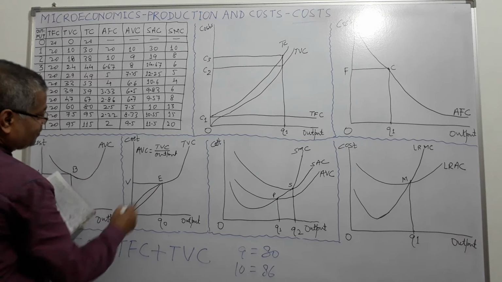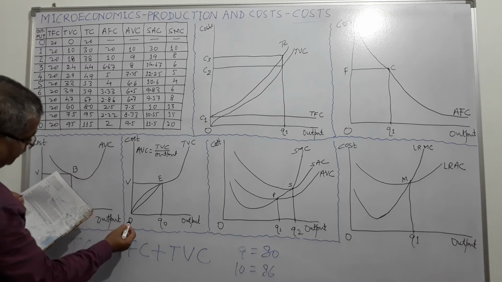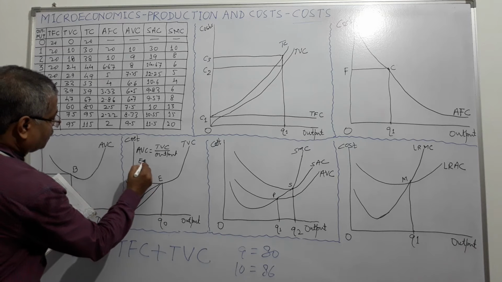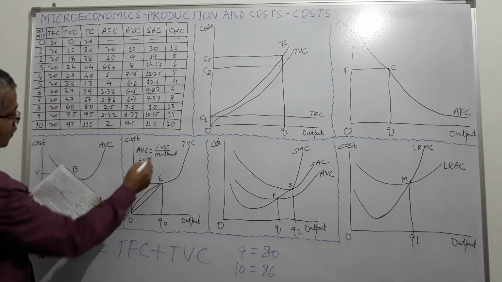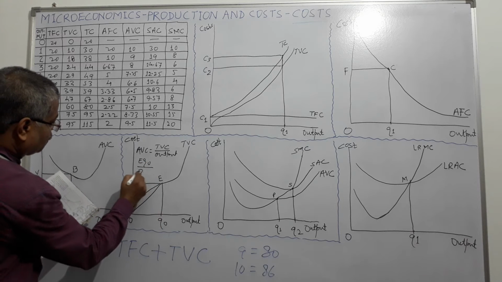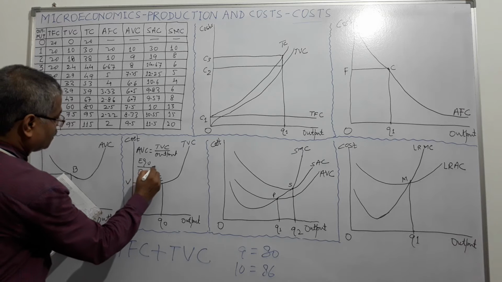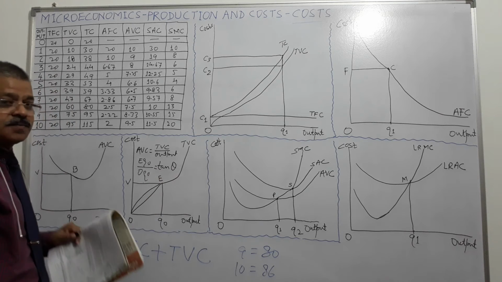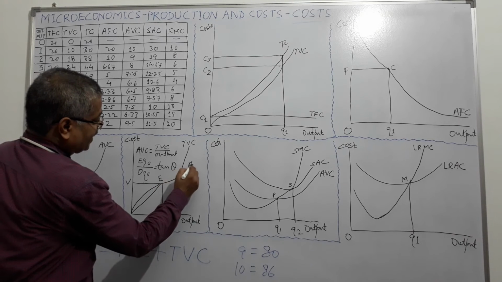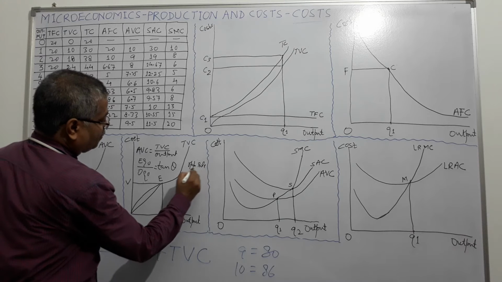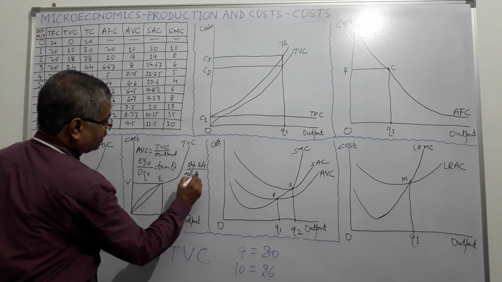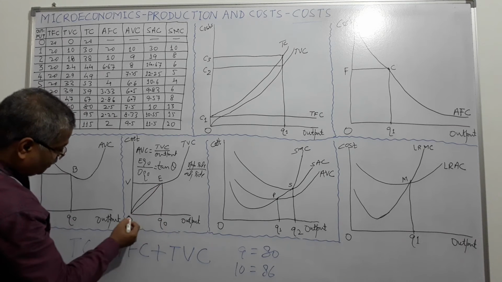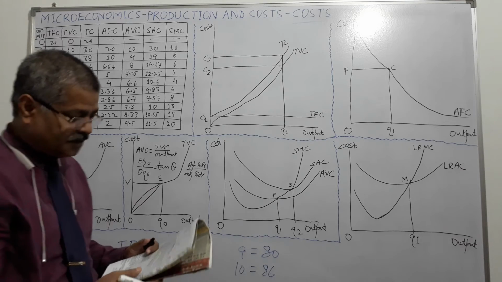Now what is TVC, total variable cost? OV is equal to EQ0. EQ0 upon output. What is the output? OQ0. EQ0 upon OQ0 is equal to tan theta. Why tan theta? Opposite side upon adjacent side. Opposite side EQ0 upon adjacent side OQ0, right?